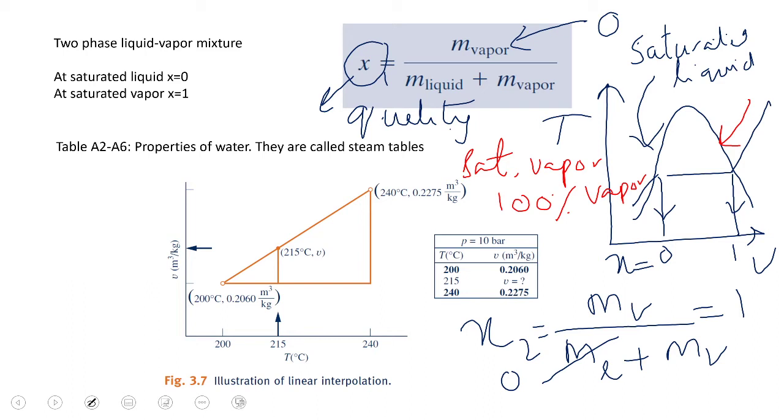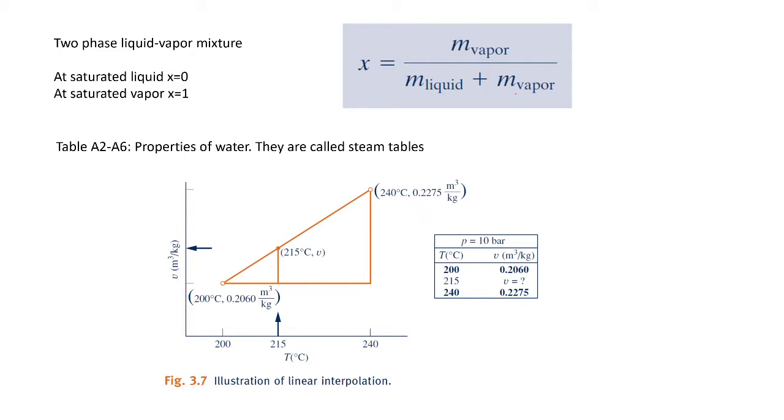Next is interpolation. Interpolation is something you may have done previously. At the back of the book there are different tables.